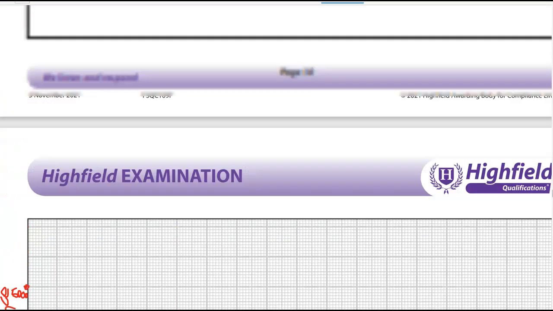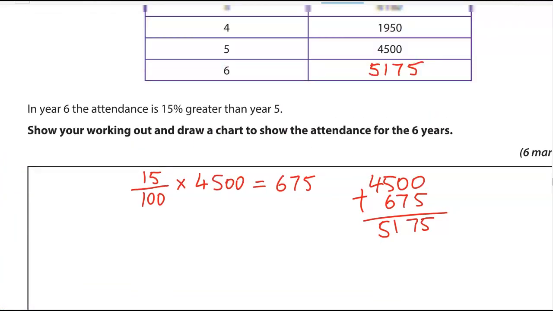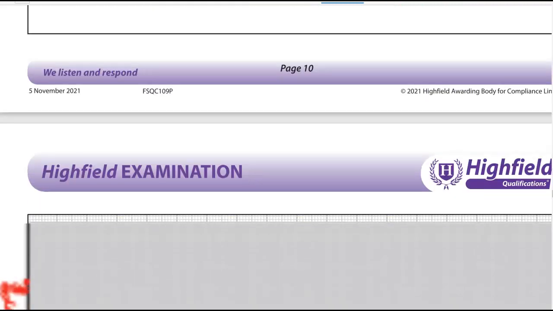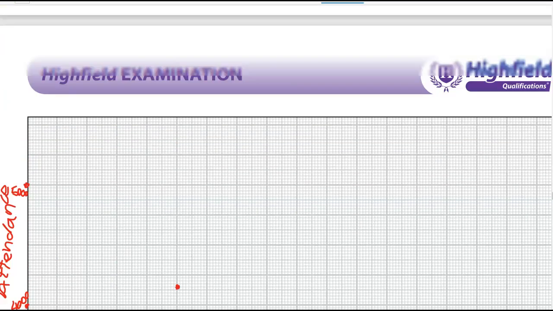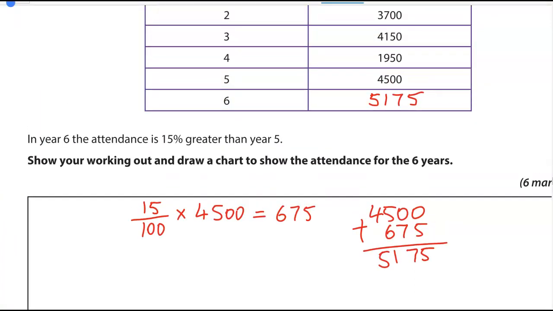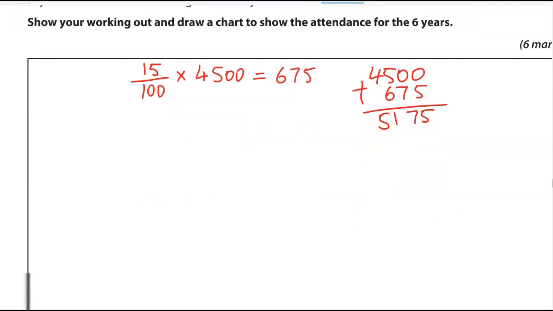Looking at year 4, that is 1950. Year 4 is the one we've just done. Now year 5, 4,500.